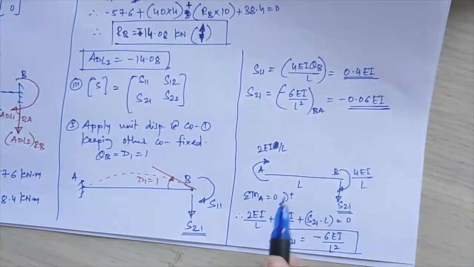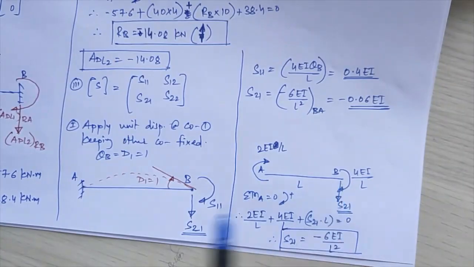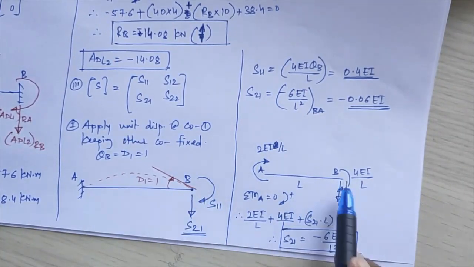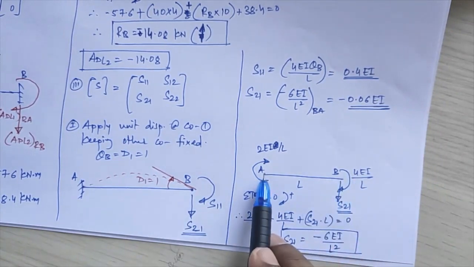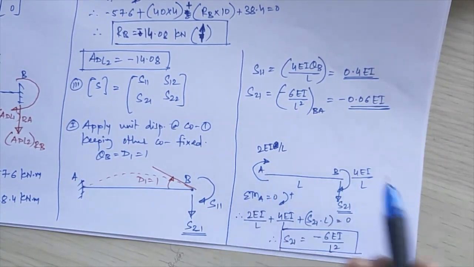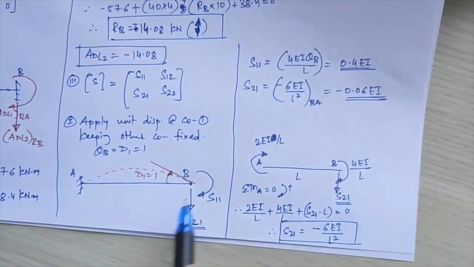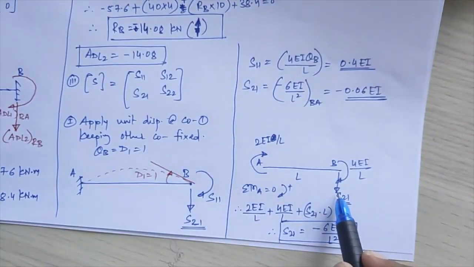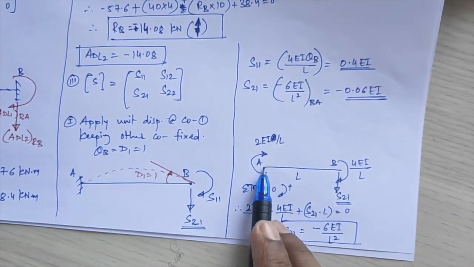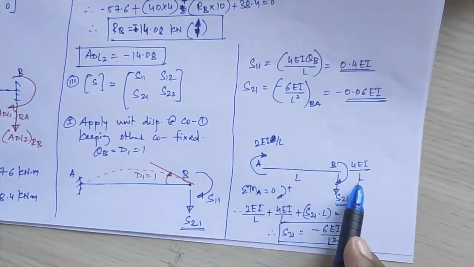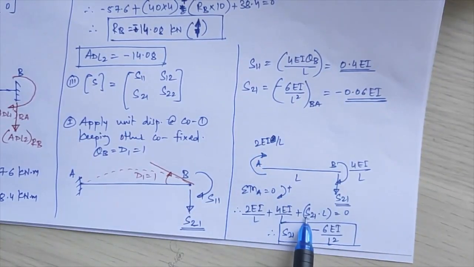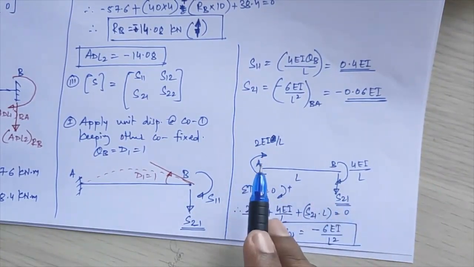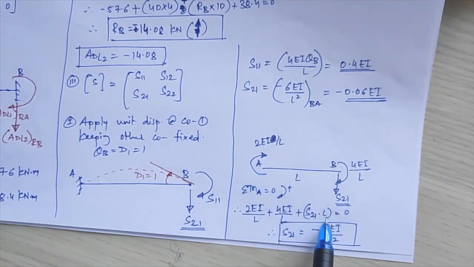Okay, see, again I will repeat. This is your AB member. Due to this unit rotation, that is theta equal to 1, near end rotation will be subjected at B and far end rotation will be subjected at A. I have to calculate this value of S21, which I have kept in downward direction. Taking moment at point A, 2EI upon L and 4EI upon L get added, plus S21 will be having clockwise rotation, so plus S21 into lever arm L equals 0.